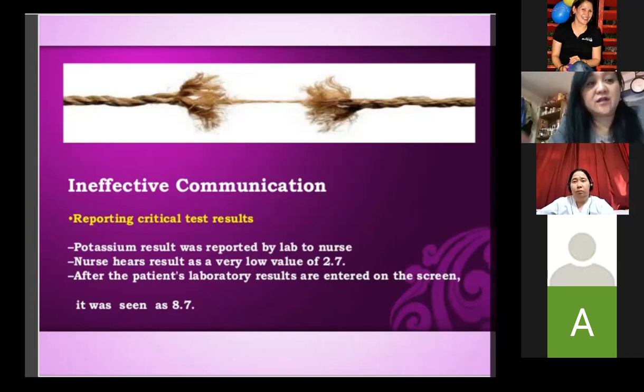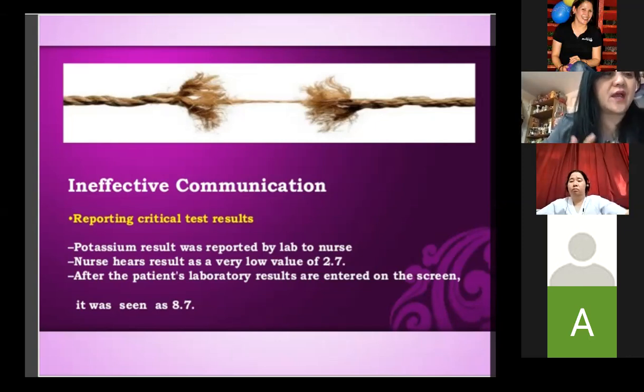For example, a critical potassium result was reported in the laboratory by the nurse, and the nurse hears it as very low, like 2.7. After that, the patient's laboratory result is entered on the screen, and there is an error: you put in 8.7, but the result is 2.7, and for the continuity of care, they don't care about it already because it's normal. The nurse told it's normal, so she did not do anything.